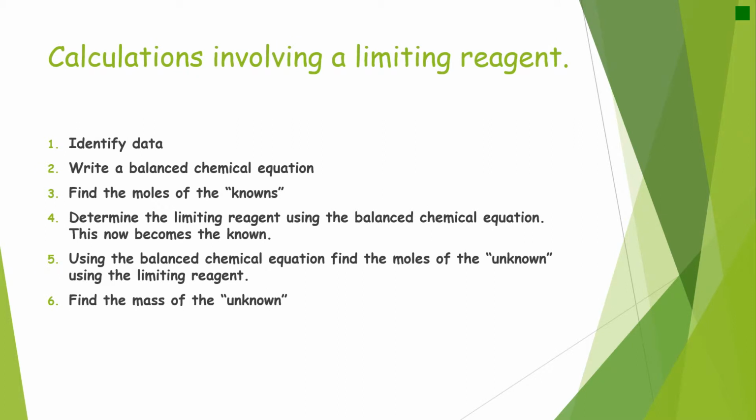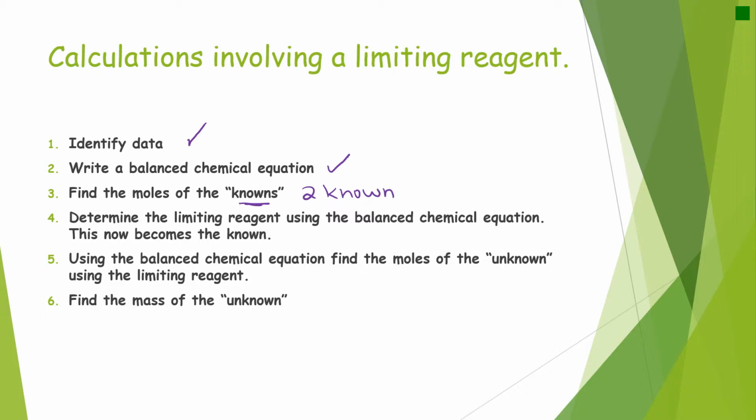Let's look at how you can calculate involving a limiting reagent. We're going to have a variation on our previous method. We still need to find the data. We still need to write a balanced chemical equation, but this time we've got 2 knowns. So we've got too much information. That's how we identify the limiting reagent.